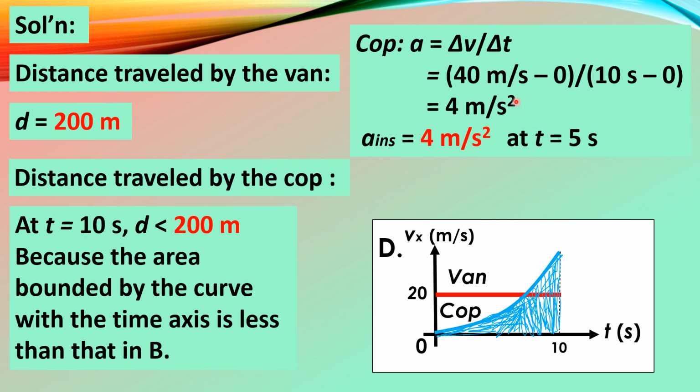But such average acceleration, 4 meters per second squared, can be inferred to be the instantaneous acceleration of the motorcycle at exactly 5 seconds, which is half of the time interval 10 seconds. But just like in the graphs for options A and C, this one also does not correctly represent the assumed scenario in the question.